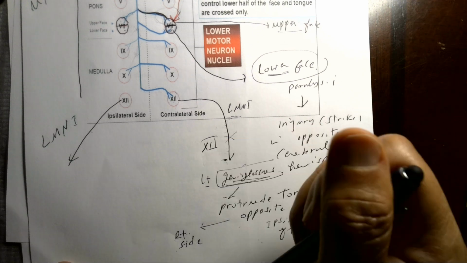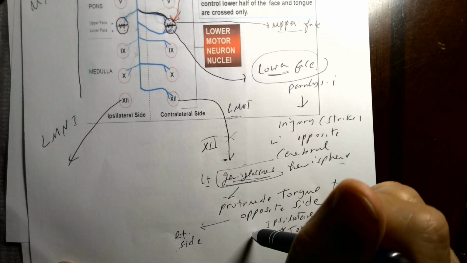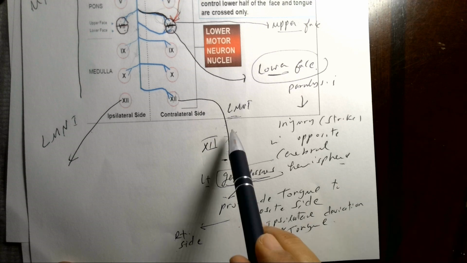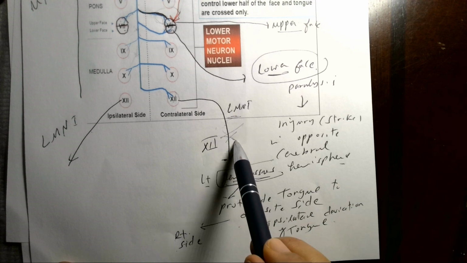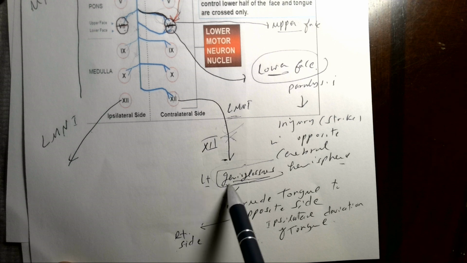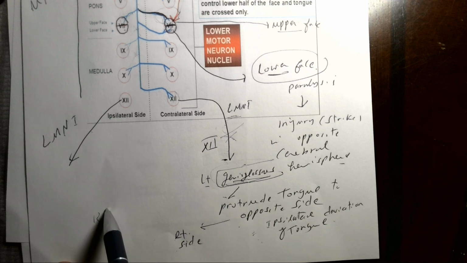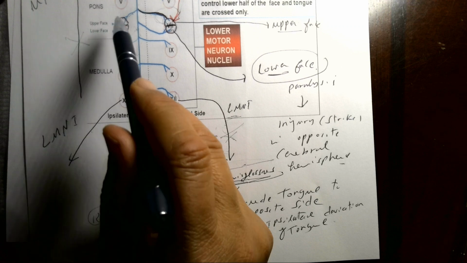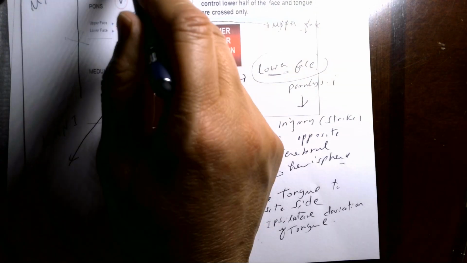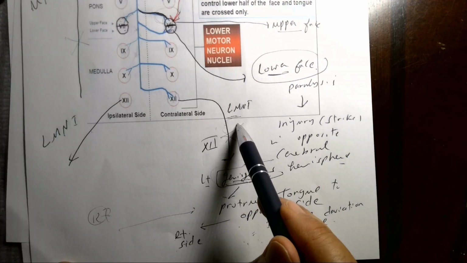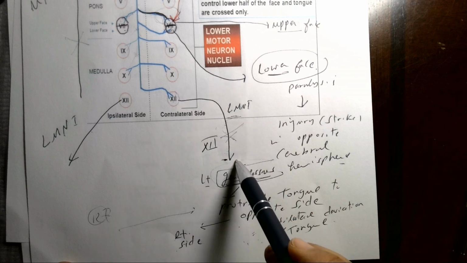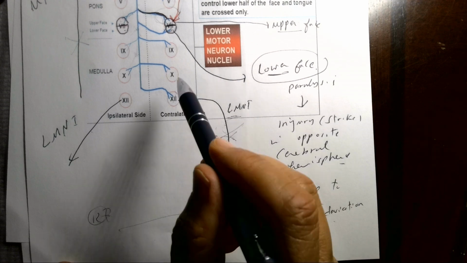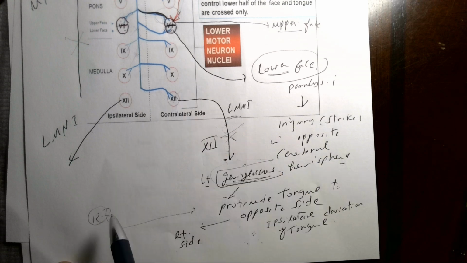In lower motor neuron paralysis, here is injury of the hypoglossal nerve, the genioglossus is paralyzed, so the right one works, pushing the tongue to the left, which is the same side. If there is injury at the higher level, in the right side here, it means that the left side of the tongue is affected, and this is the one which is working, pushing to the left side.